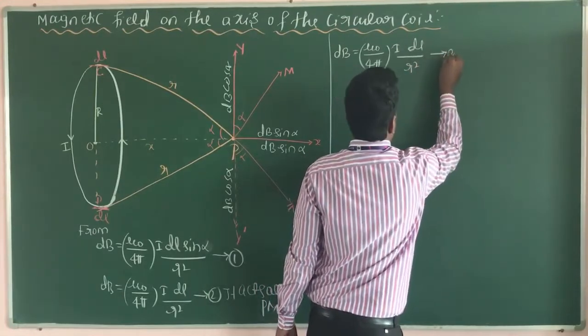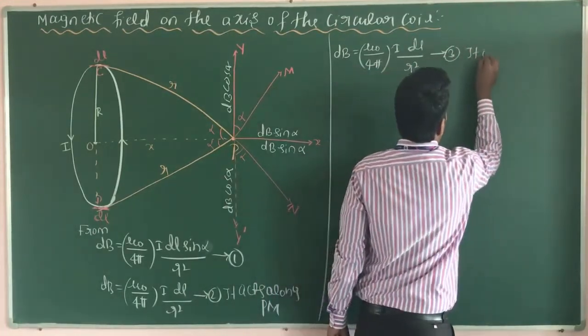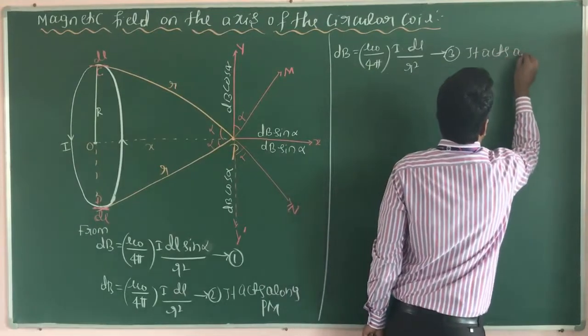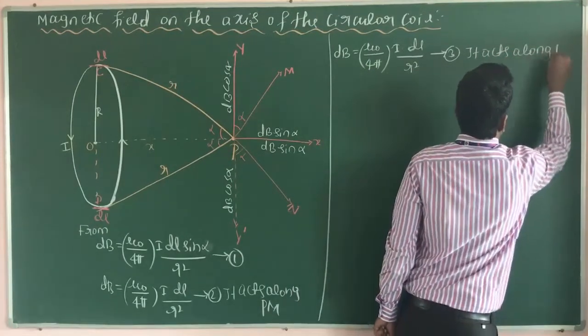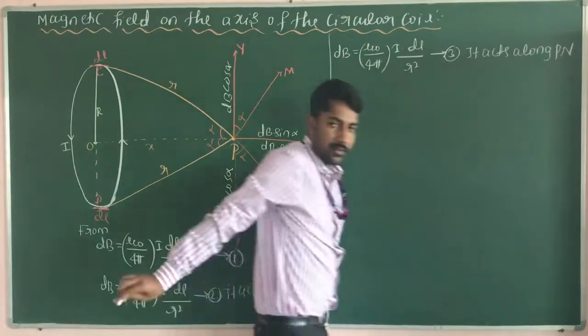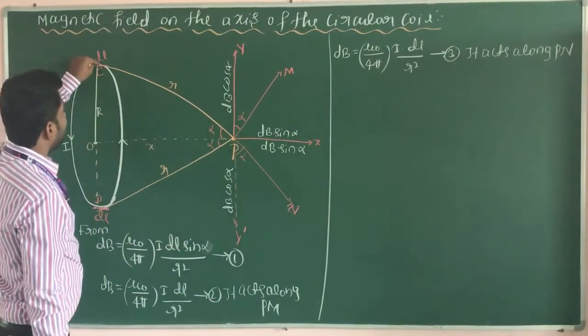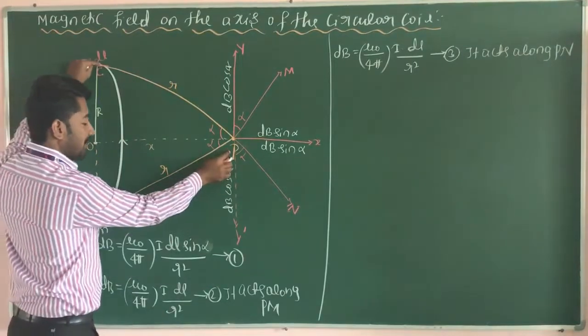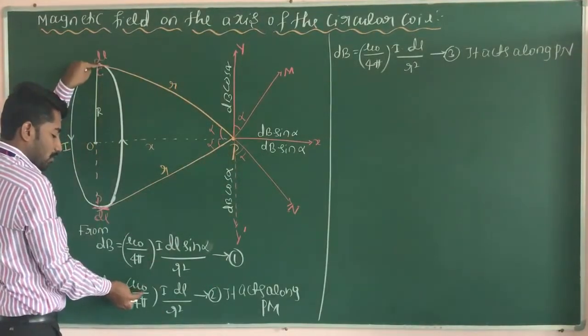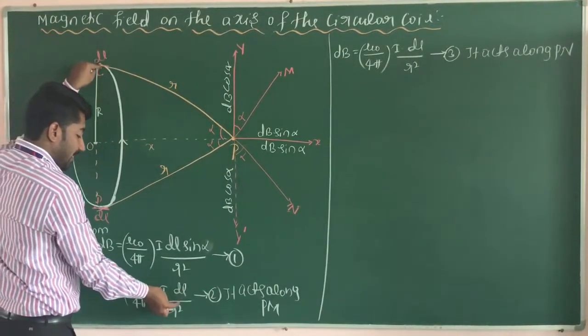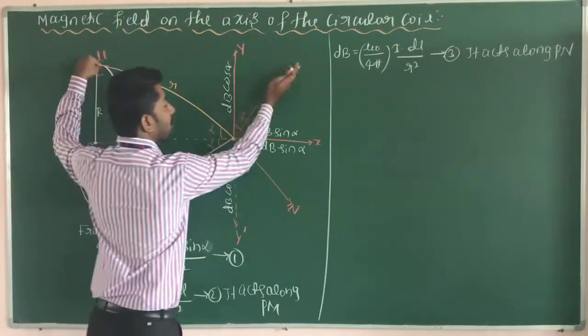This is equation number 3, and it acts along PM. Here the magnetic field due to the current element C at a point P is dB is equal to mu naught divided by 4 pi I into dl divided by r square. It acts along PM.